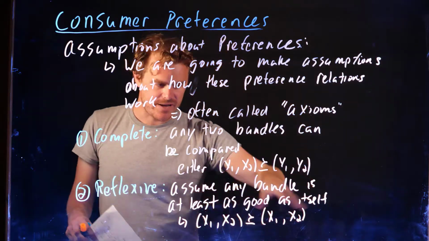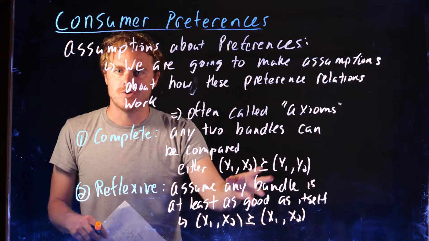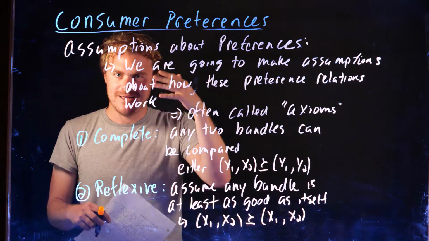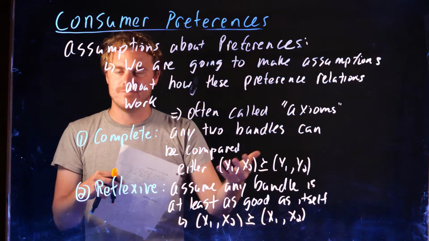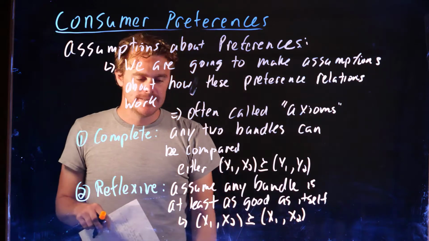It makes sense intuitively that a bundle with the same amount of goods has to be at least as good as another bundle with that same amount of goods.